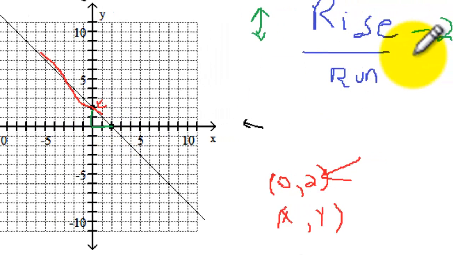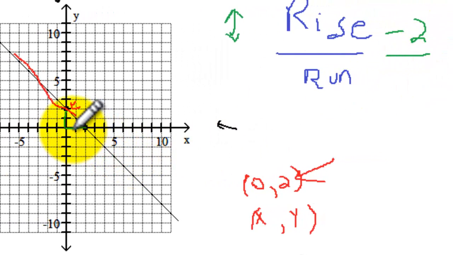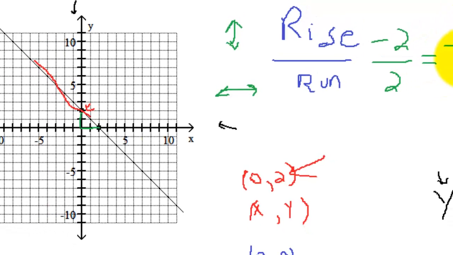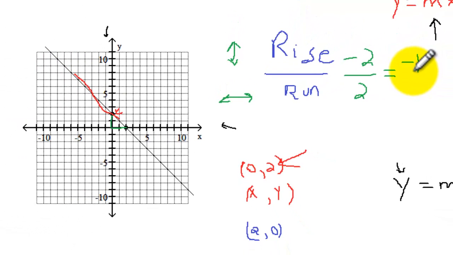So it's negative 2 over, and the run is in the horizontal direction, either direction. We went to the right, so that's the positive direction. So it's negative 2 over 2. And that's a slope of negative 1. And that's consistent. We have a negative slope and we have a negative picture. When we're walking along, this line goes down. So that's a negative slope.